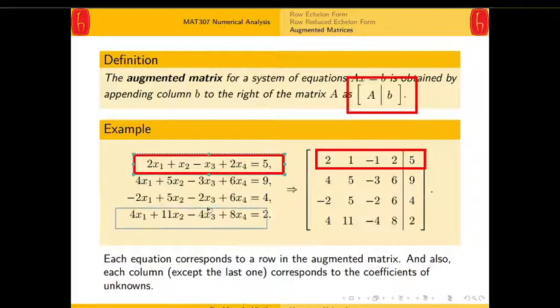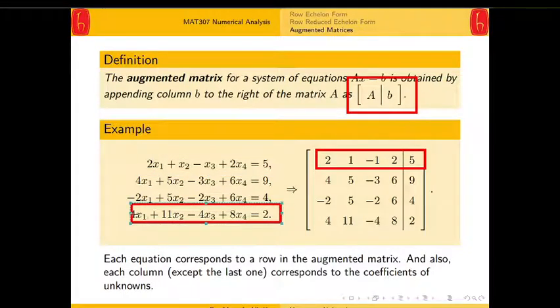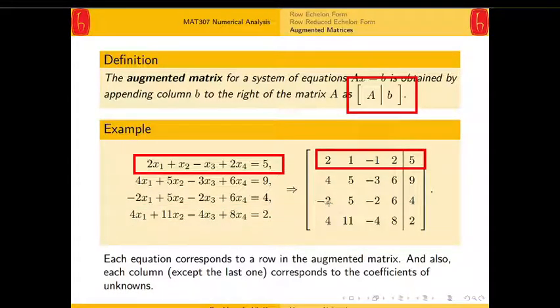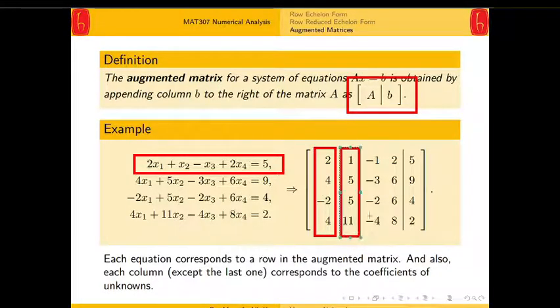This equation, for example, is the last row: 4, 11, negative 4, 8, and 2. It is an equation represented in a row. Each column corresponds to the coefficients of an unknown: this is the coefficients of x1, this is the coefficients of x2, and so on, but the last column holds only the constants.